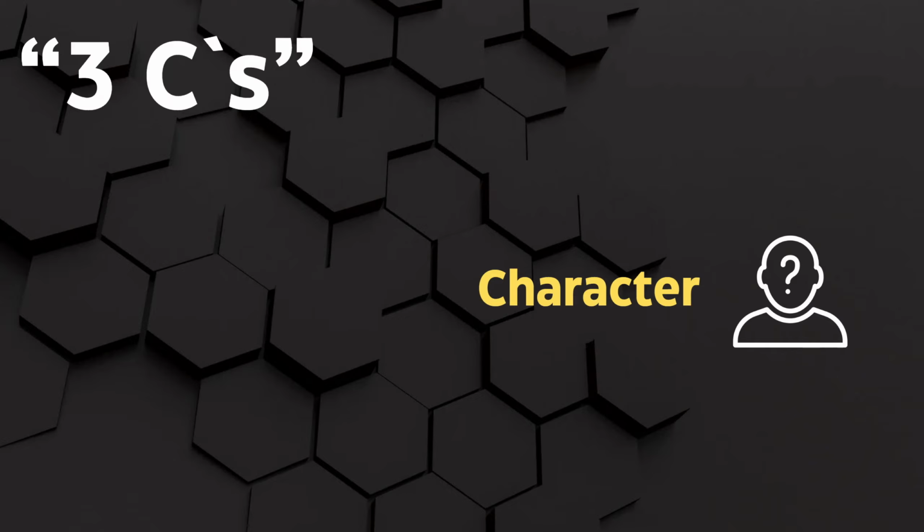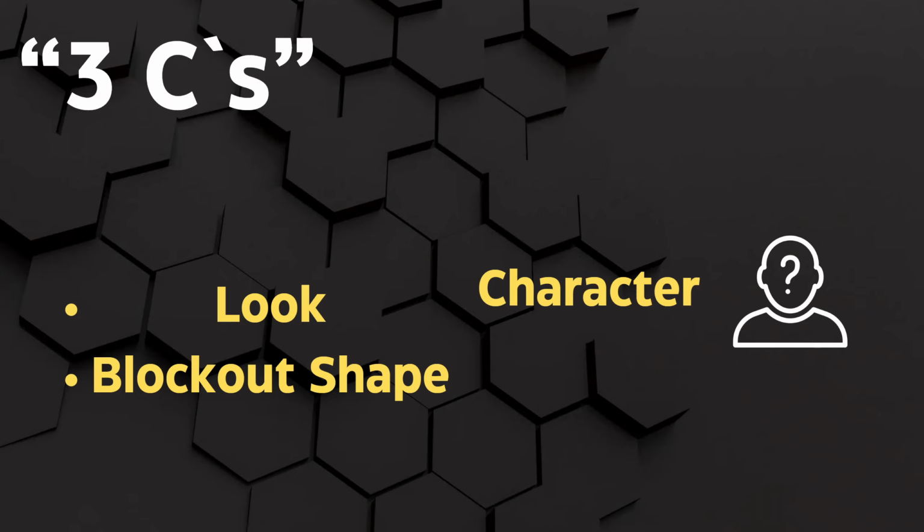Then we go into the character. Of course, the look matters. What he can do should be reflected by the design. A warrior will not be a lean guy with glasses, I guess. He will be muscle-packed, have maybe a beard and a big axe in his hand. Blockout shape is essential for prototyping because you will have to determine the collision.